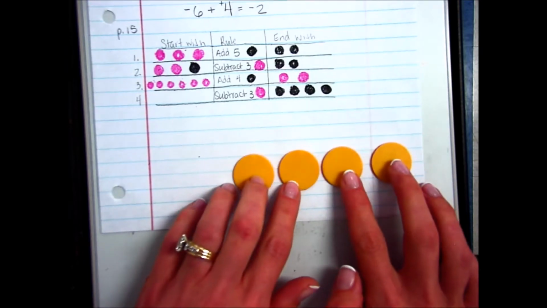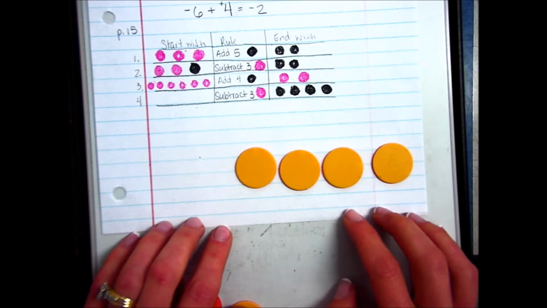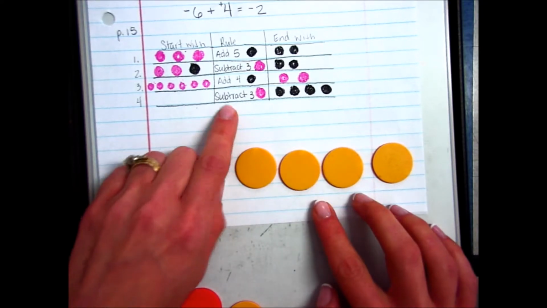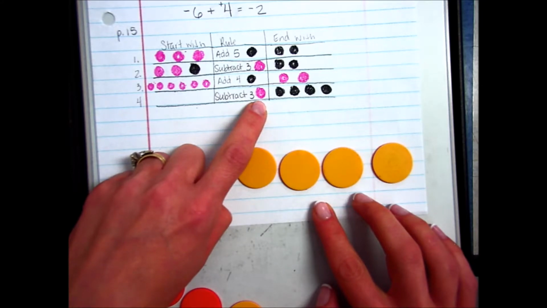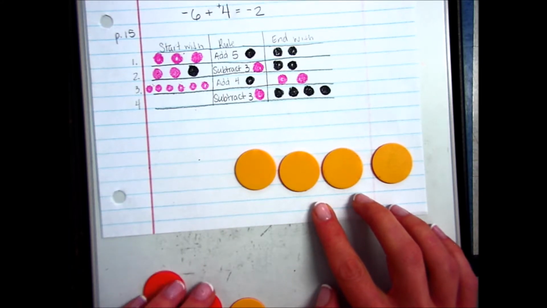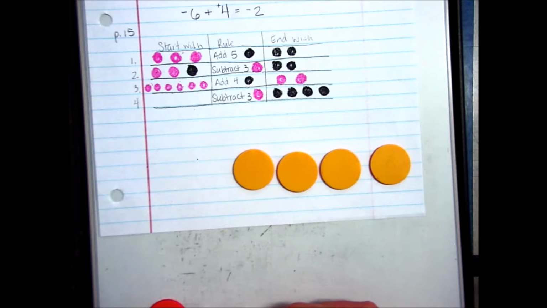I said n minus 3 equals 4. But you're not just taking away 3 positives, though. You're taking away 3 negatives. So that's a little bit different. But you're on the right track by wanting to use a formula. Try to figure out how we're going to show it in chips.